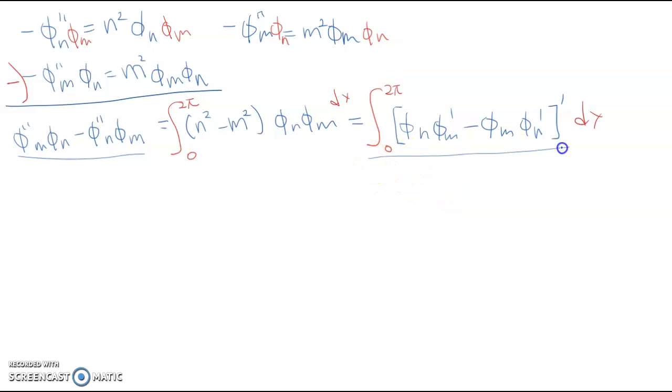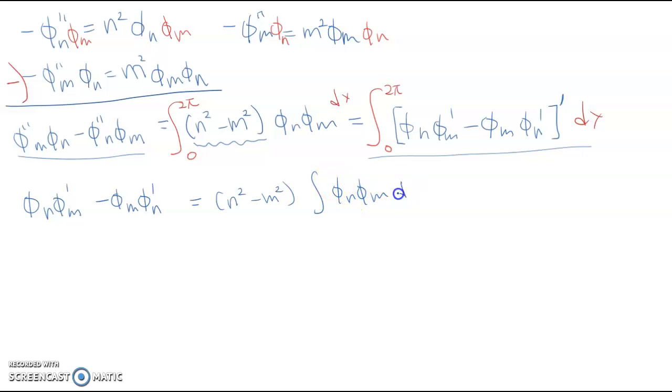The differentiated sign and the integral will cancel out, so we have phi n phi m prime minus phi m phi n prime. That's going to equal the constant, which I can take in front of our integral. So we have phi n phi m dx from 0 to 2 pi.